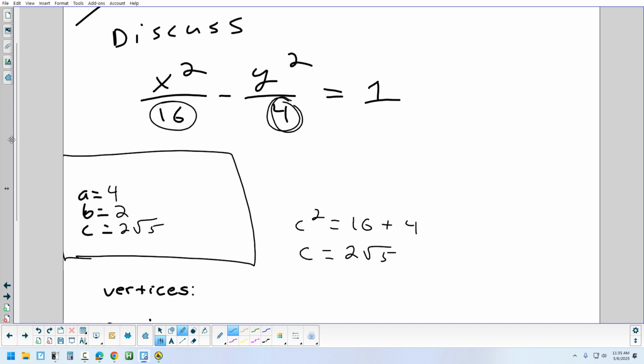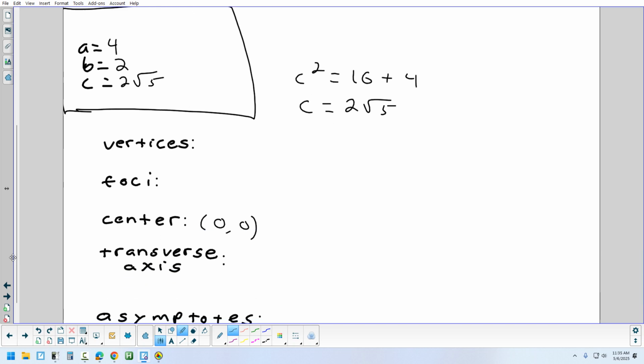If I switch the 16 and the 4, it would have no effect on the direction of the transverse axis. Horizontal. How come? Because x squared is positive. Right. You look for the letter that is positive. One's positive, one's negative. The positive letter is the direction of the transverse axis. It's a little different than an ellipse, but that's why it's horizontal.